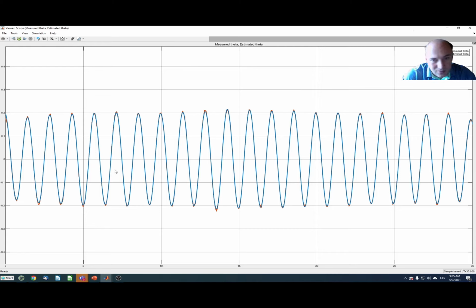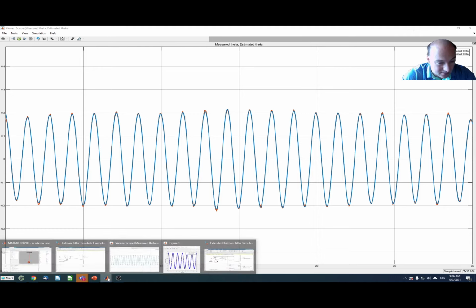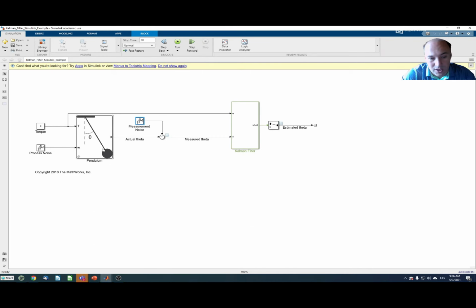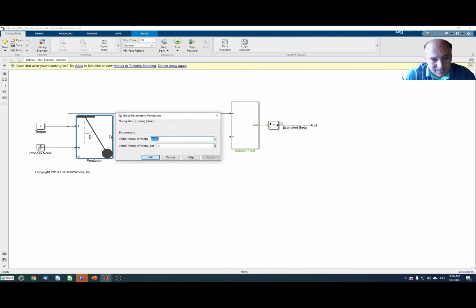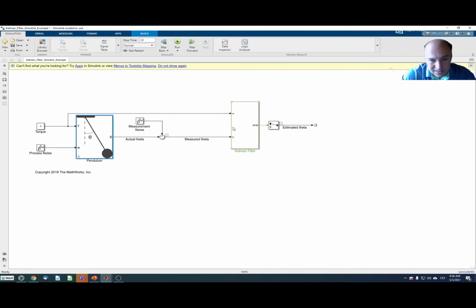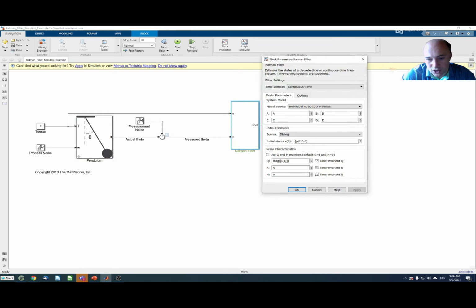Now let's play a little bit with the code, and let's modify the actual angle where we begin our calculation. Let's begin, for example, not at pi divided by 18, but at pi over 2. So 90 degrees will be our angle. And let's still use the initial estimate of pi over 16. Let's see what happens.